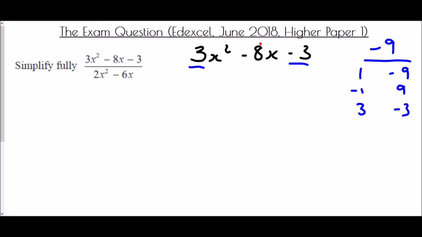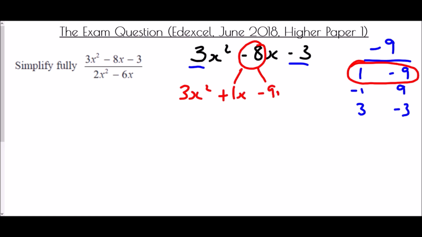But what I want then is a pair which will add to make negative 8. And so in fact that is our very first pair here, 1 and negative 9. So I'm going to split my negative 8x. It's now going to be 3x squared plus 1x take away 9x take away 3.